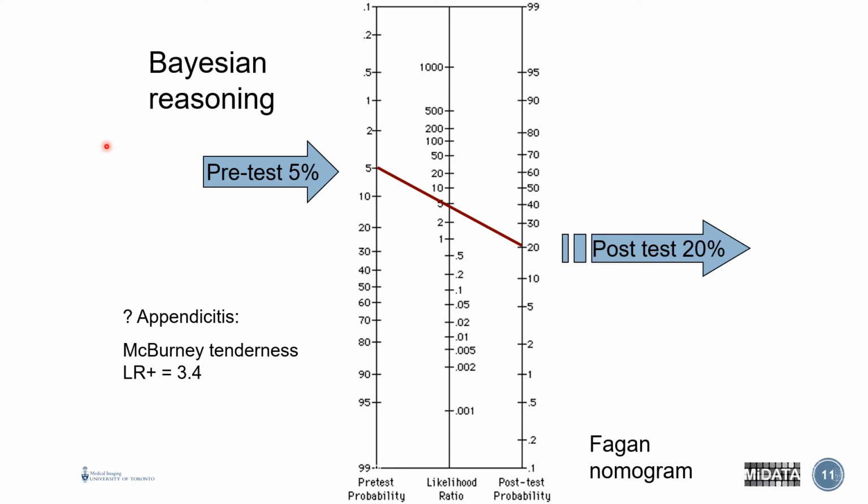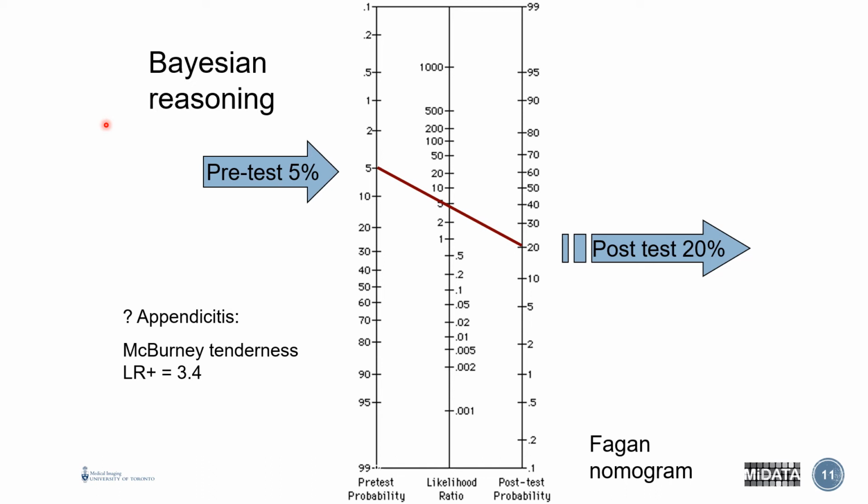Now, you'll remember odds and probabilities are not the same thing. In order to then convert your post-test odds to a post-test probability, the post-test probability is equal to the post-test odds divided by the post-test odds plus 1, and that gives you your post-test probability.